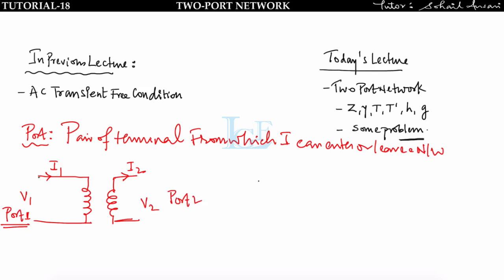Why? Because the current is entering the coil and leaving the coil, and the magnitude of current is the same, equal to I1 only. So this is one port and this is also one port.